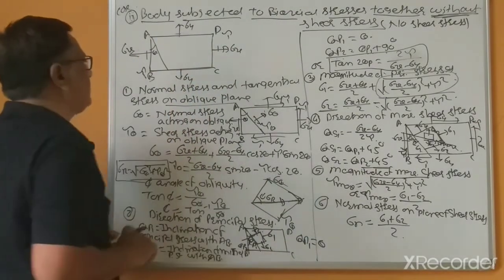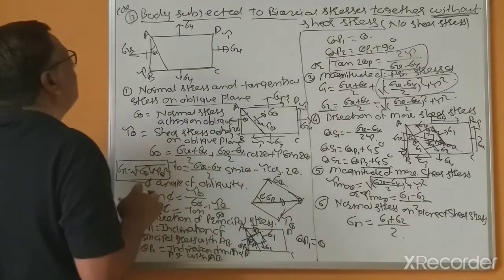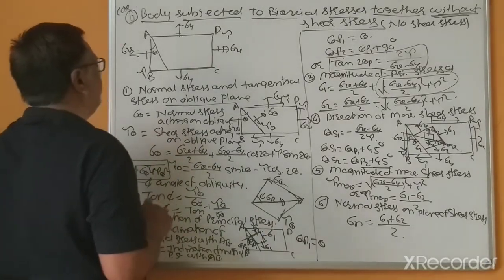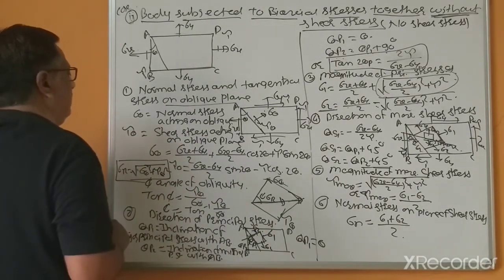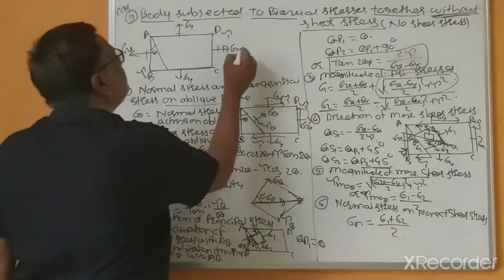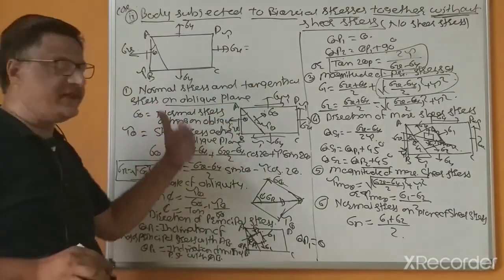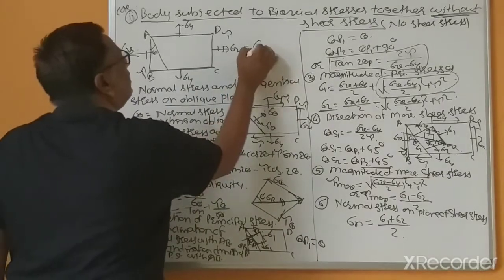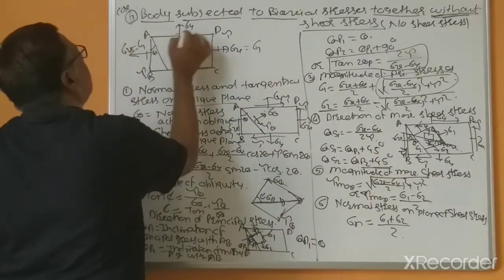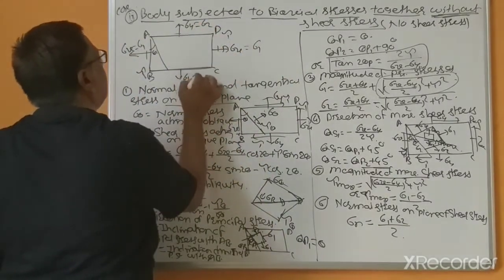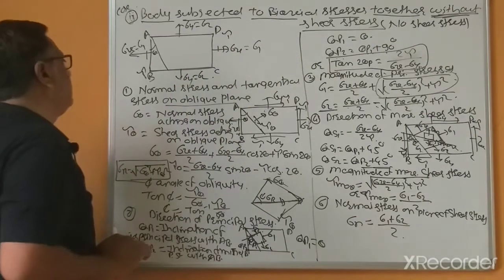So no shear stress means sigma x, sigma y become, because there is no shear stress, sigma 1 and sigma 2.